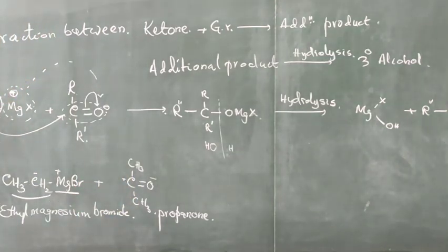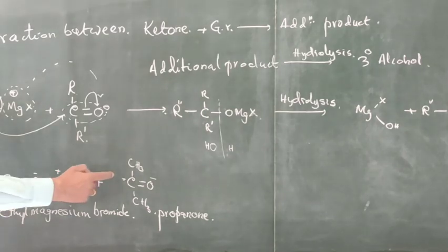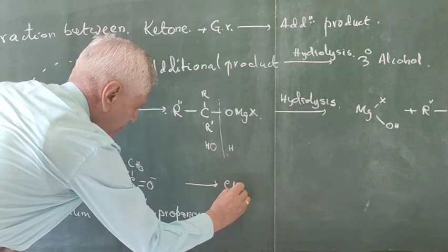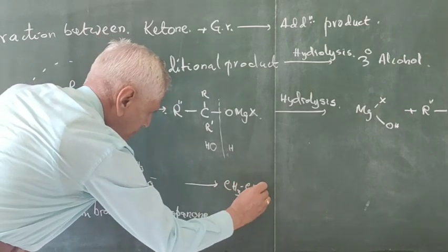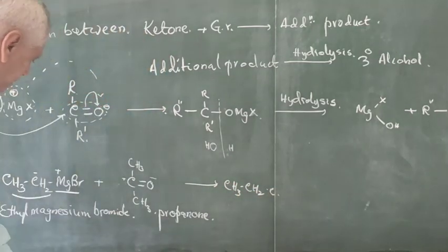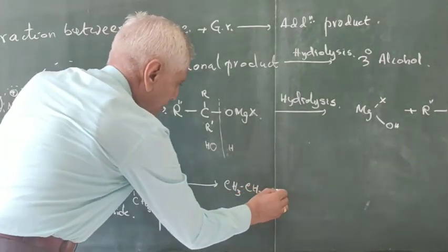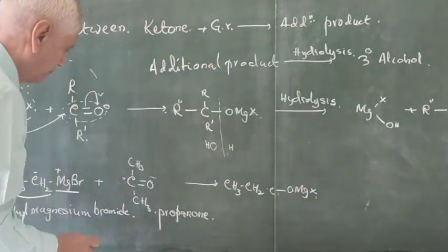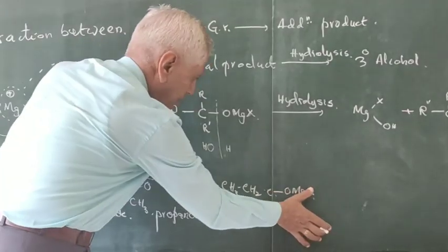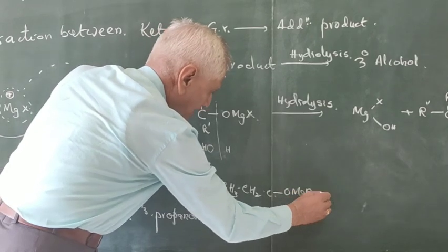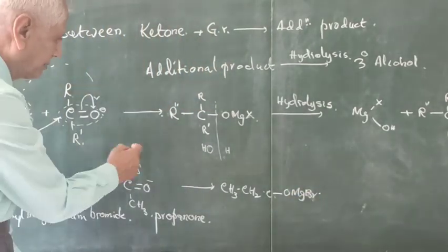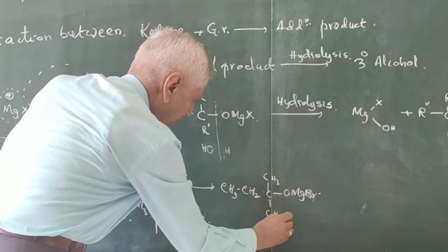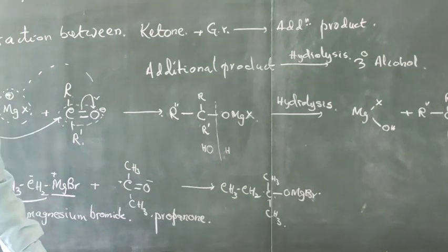And therefore CH3 CH2 minus will attach here. Hence you have CH3 CH2 C and O MgBr. And this carbon has got methyl group here. So this is the addition product.